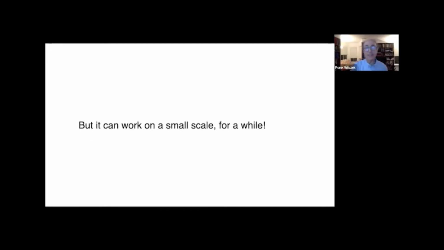But it can still work on a small scale for a while, and we'll see how that unlocks conceptual possibilities for, quote unquote, violating the second law of thermodynamics effectively on a small scale for a while and doing very interesting things technologically.